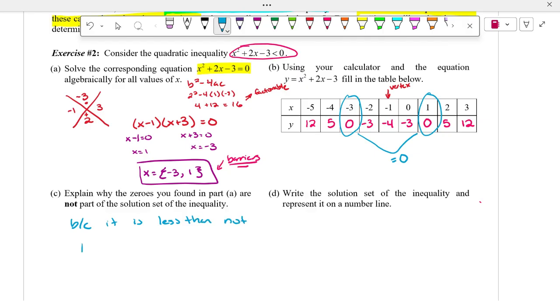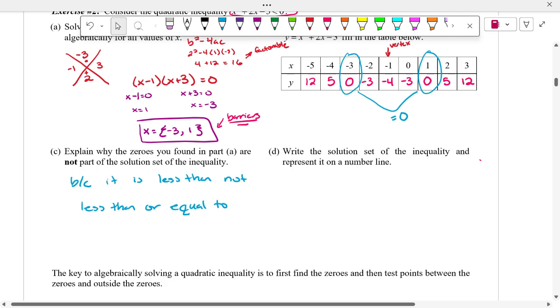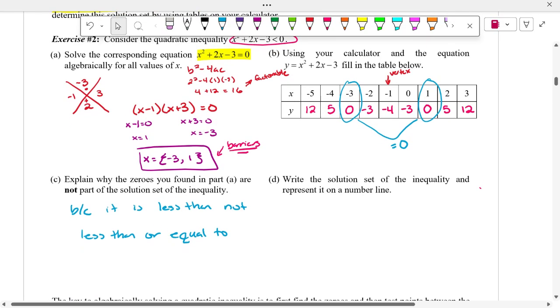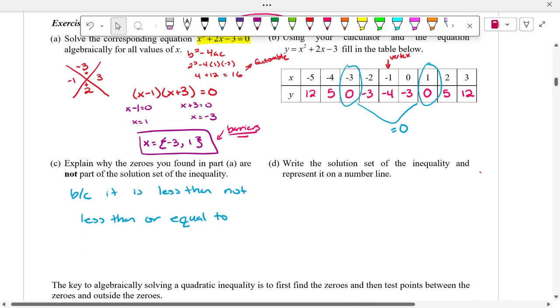Because if it said equal to, then heck yeah, the negative 3 and the 1 would be part of my solution set. Now, here's my question. What numbers would be in my solution set from this table? I want values that are less than 0. So what values would work?